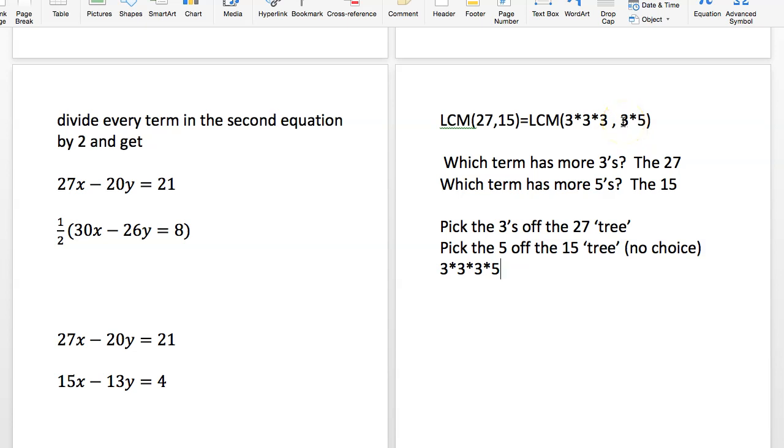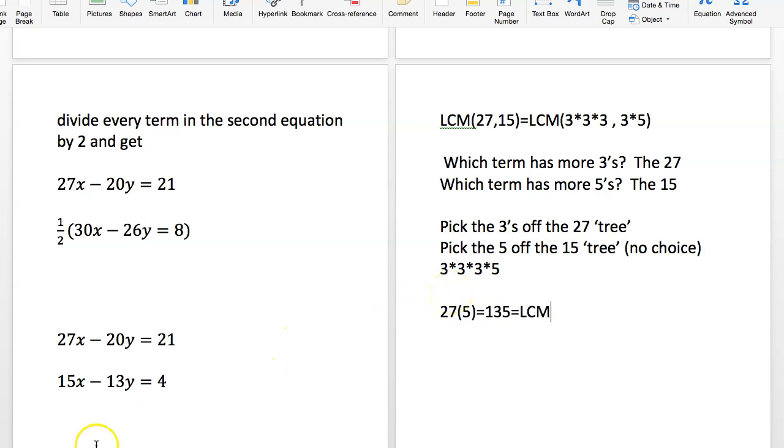You pick from the tree with the most generous fruit, but you can't pick the 3's off the lesser trees. It's called the prime. It's the least common multiple. Pick from the most generous tree, but you can't pick from the second most generous tree, or for that matter, from any less generous tree. Okay, now 3 times 3 times 3 times 5, that's 27 times 5, and yep, that's 135. So 135 is my least common multiple.